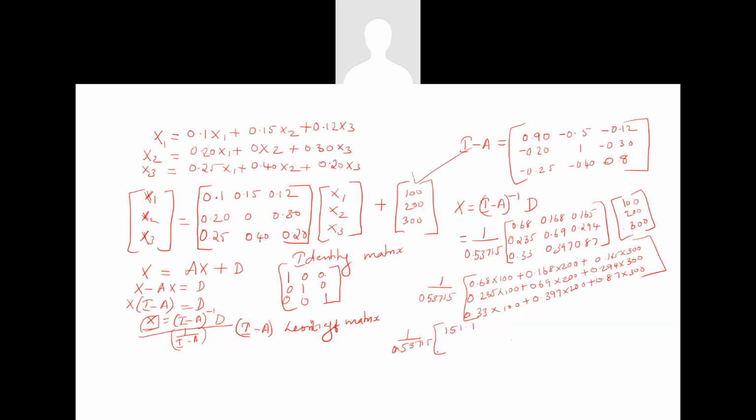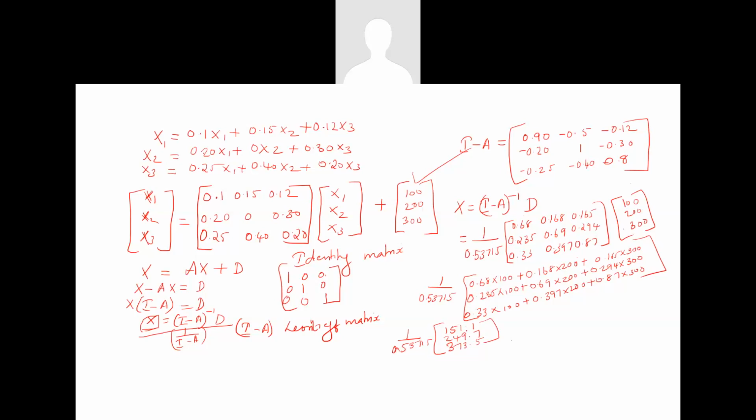And when you add up the second row, you will be getting 23.5 plus 138 plus 88.2, that is equal to 249.7. Finally, in the third row, when you add it up, you will get 33 plus 79.5 plus 261. So you get 373.5.